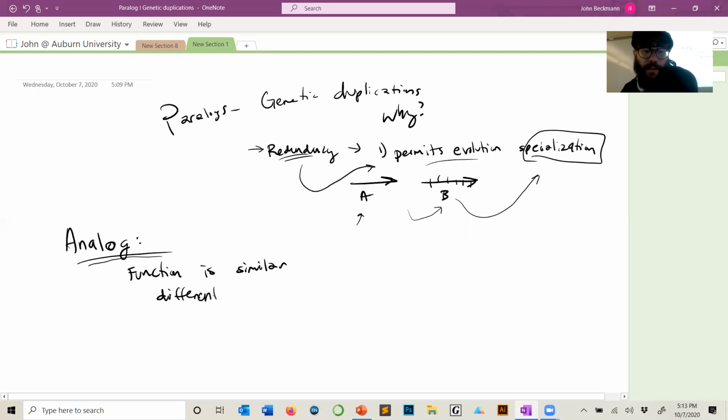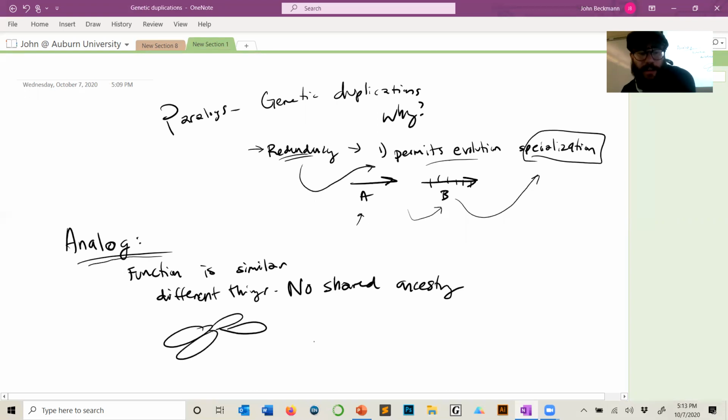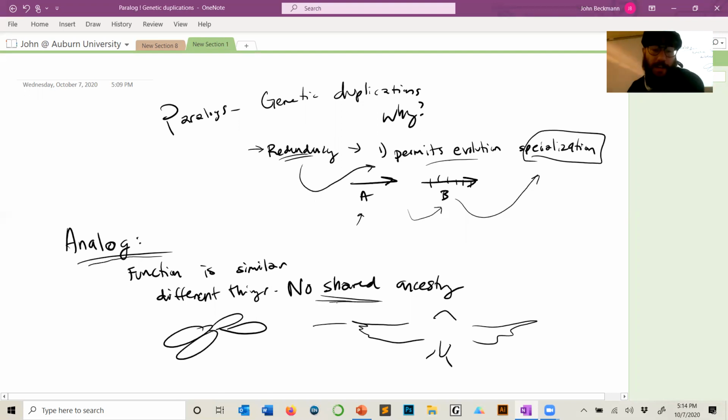What I mean by that is they don't share a common ancestry. That's the key point: there's no shared ancestry. A good example of this would be insect wings on a dragonfly compared to wings on a bat. They're not even close to the same thing, but functionally the purpose is the same. They're for flying. But there's no shared common ancestry.